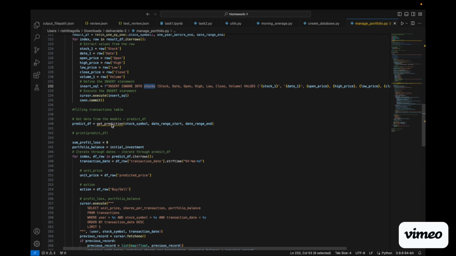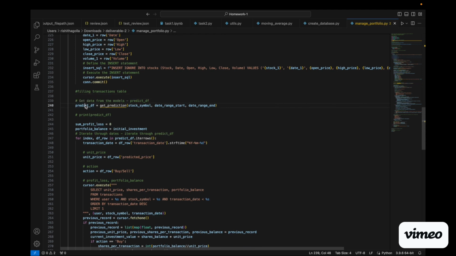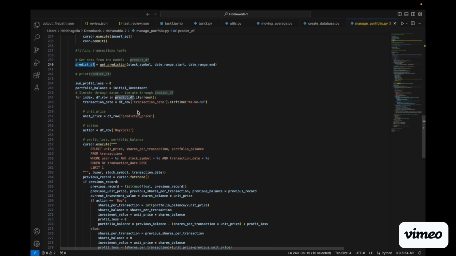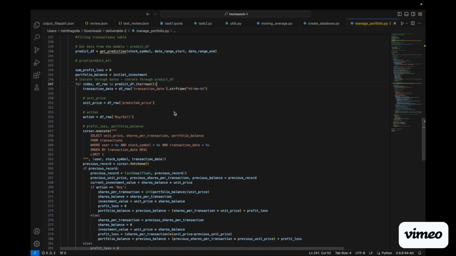And we use the get prediction function from the utils.py, which accesses this stocks table's information and gives out a data frame which contains the dates on which the trading has to be done, the action to be done on each of the dates, and the stock price for each of those dates. Now we iterate through this data frame and get those dates.